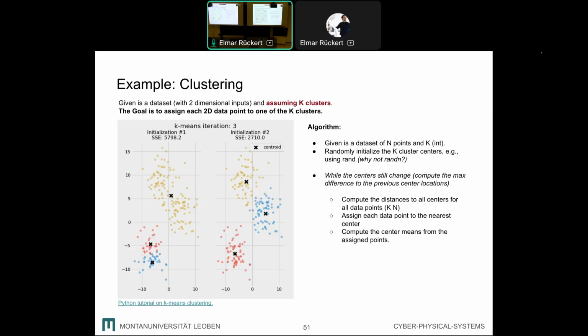And because you updated, you moved around the black cross, now you have to reassign all the dots. And this process continues until it converges. And the result looks like that. Here you see the individual iterations. And quickly these black crosses converge to the cluster centers.